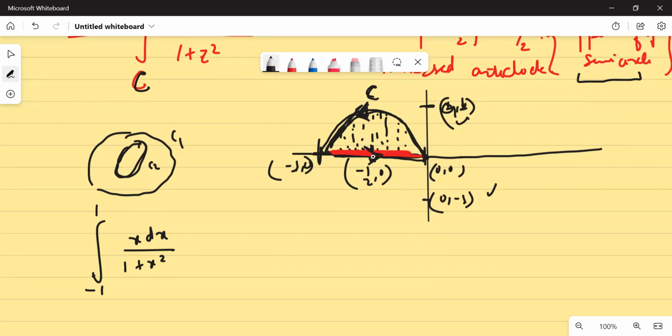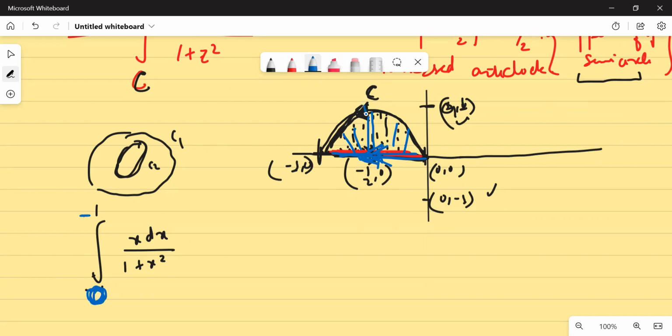If I close the curve, it will become this way. If I try to deform to the x-axis, I'll get an arrow this way. So it will be from 0 to -1.